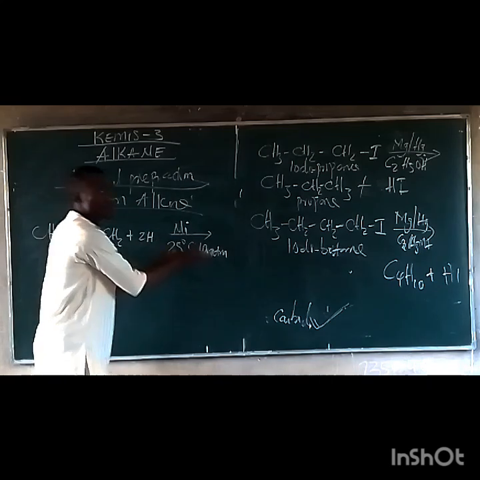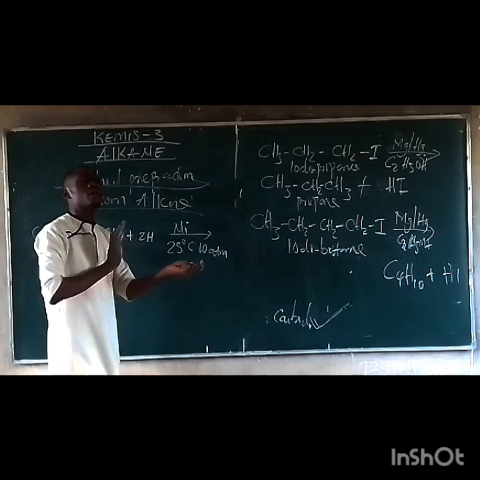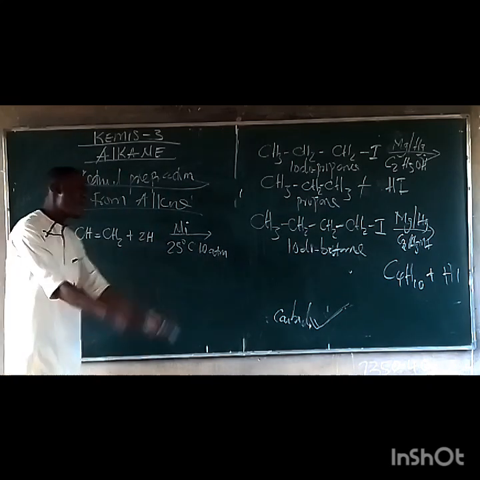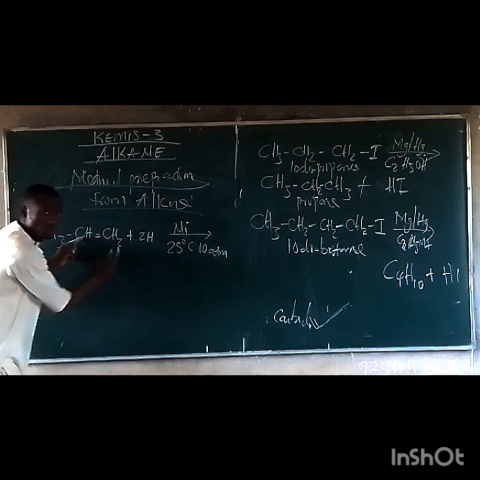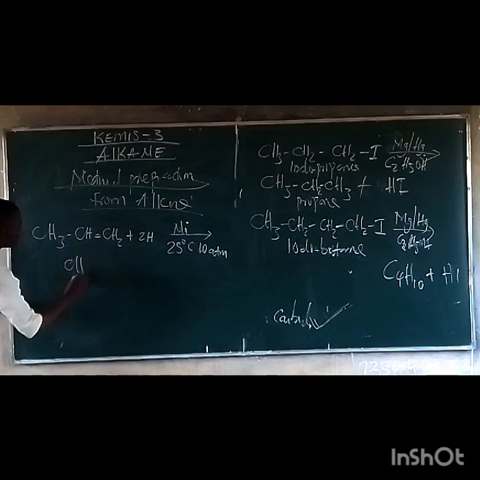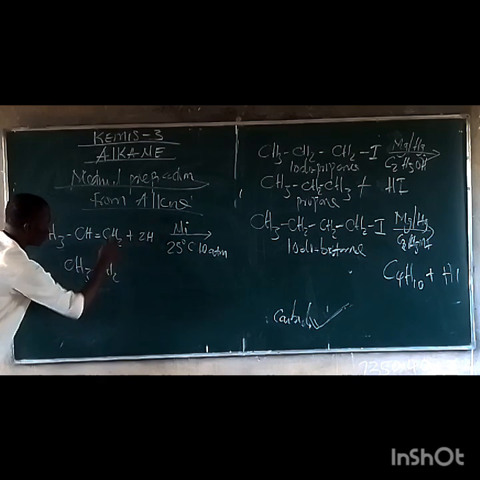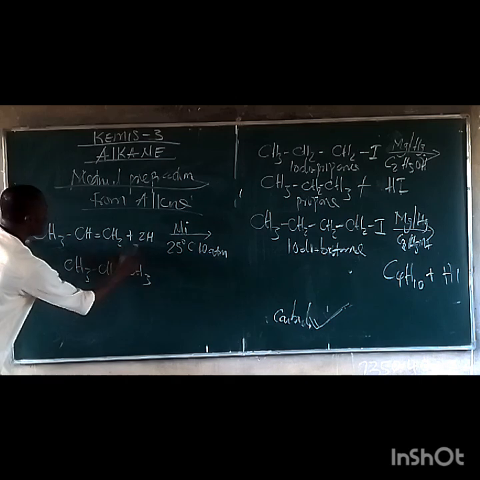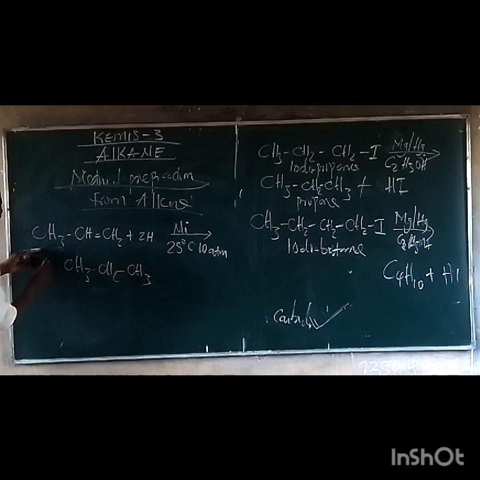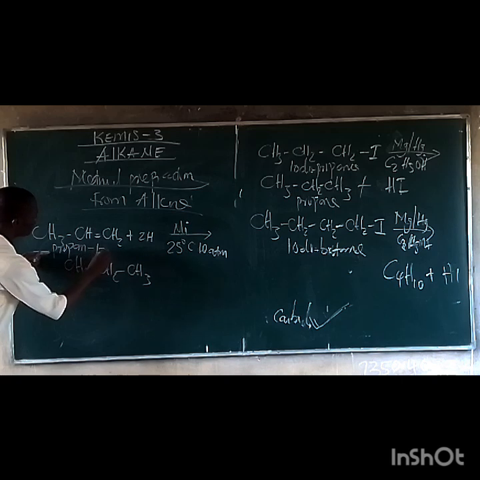This condition must be present for the reaction. So this hydrogen will jump in here, this hydrogen will jump in here, and we're going to have CH3, CH2, CH3. The name of this is propene.